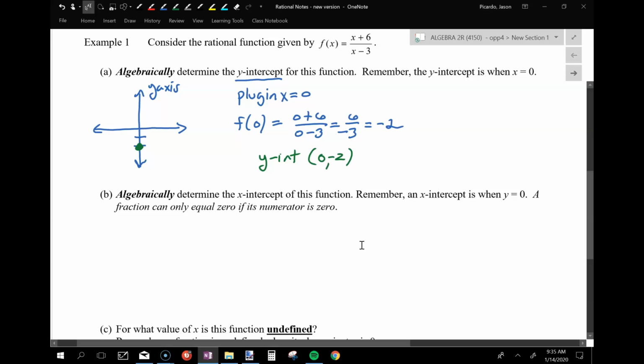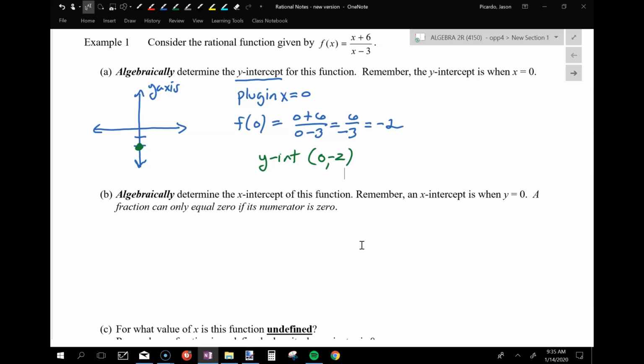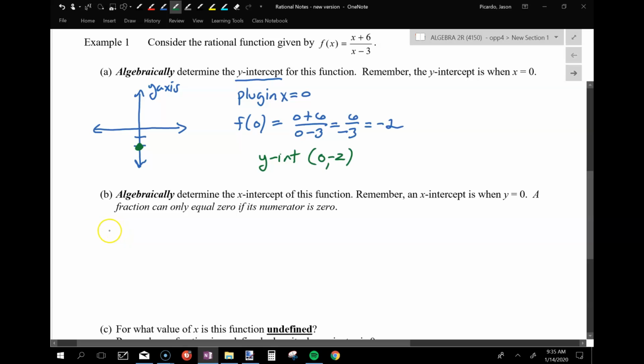Is that good? Okay. Guys, I want you to write down on your paper any fraction that is equal to 0. Write down any fraction that is equal to 0.